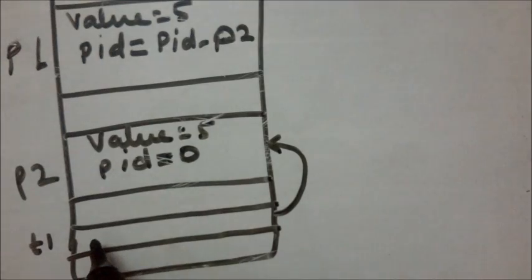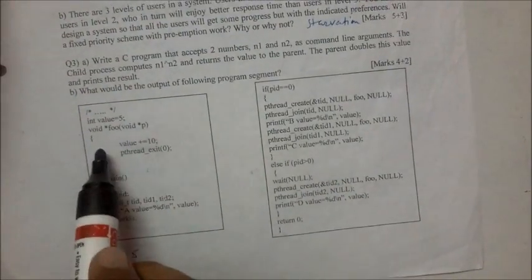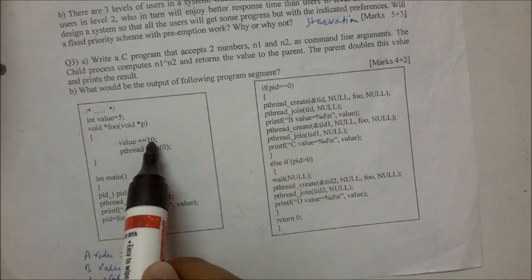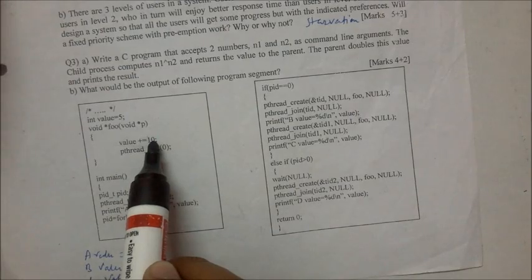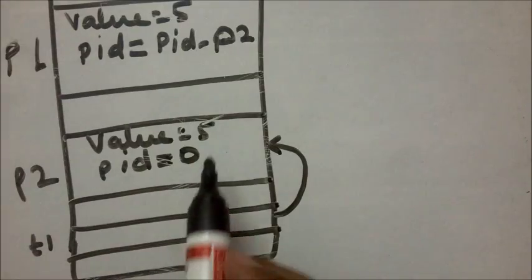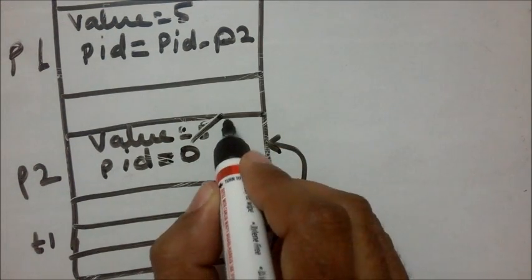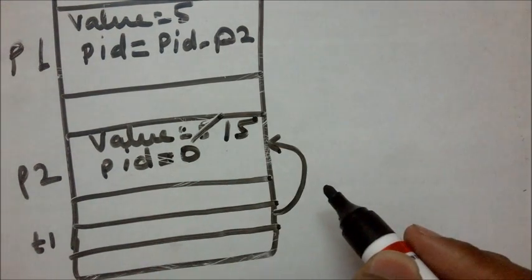So in thread T1, foo is called, and foo is updating value as value equal to value plus 10. So value equal to value plus 10 is updated in the child process and it becomes 15.